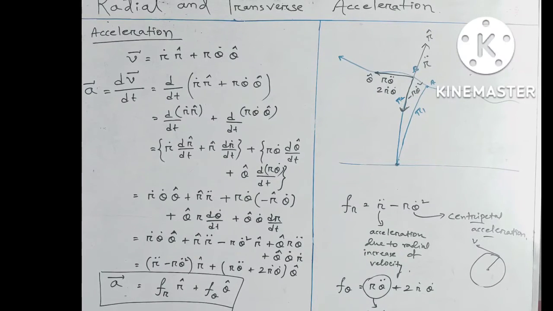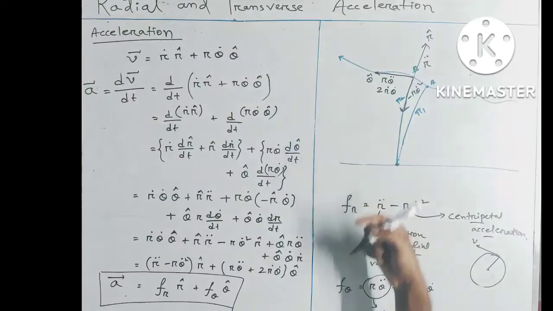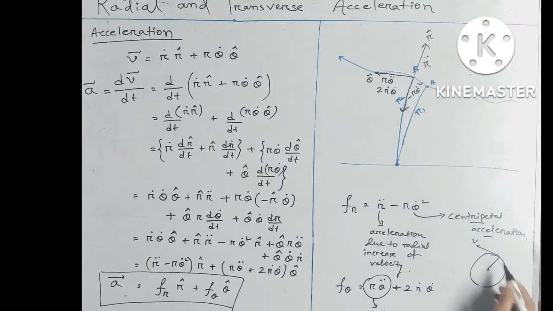Suppose it is moving like this with increasing velocity, so its velocity will be increasing: v1, v2, v3, where v3 is greater than v2, which is greater than v1. That is tangential acceleration, the increase of velocity.